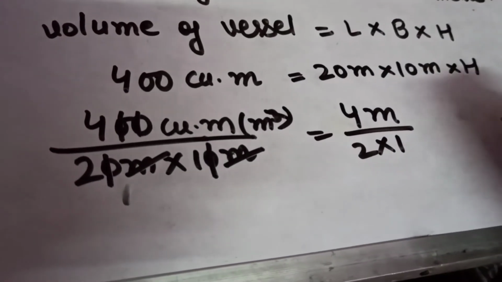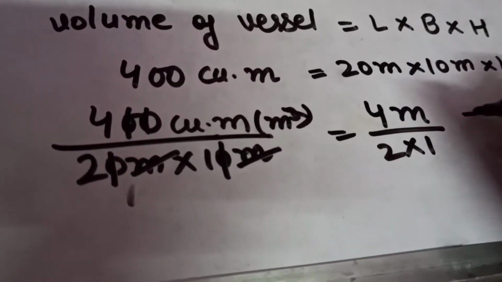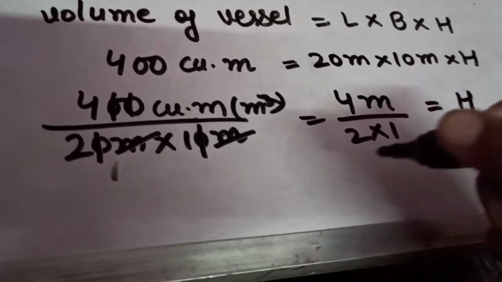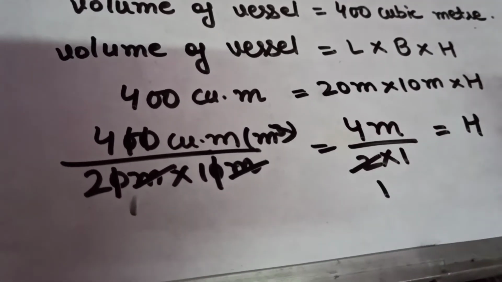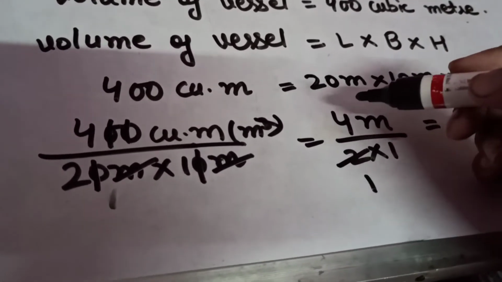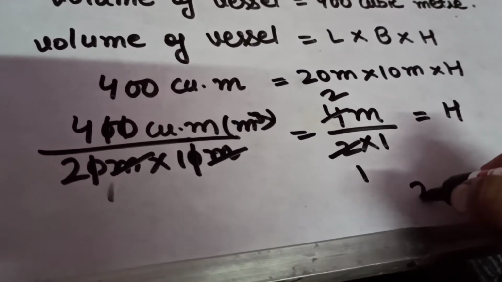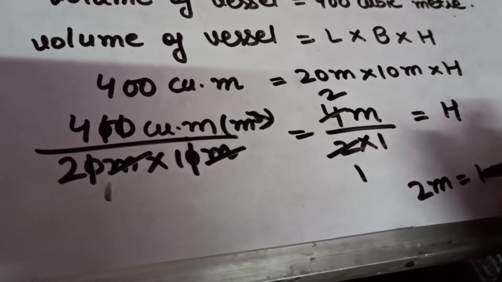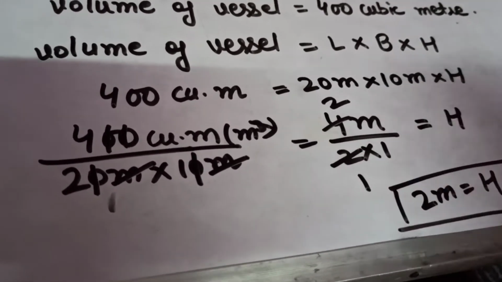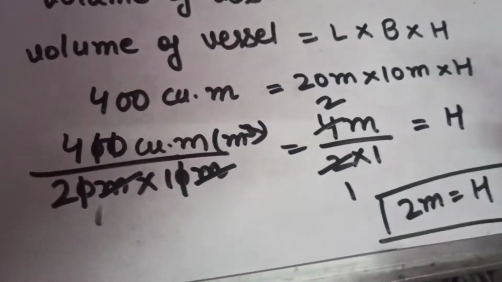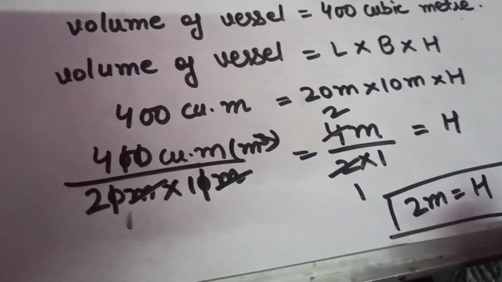So divide by 2 multiply 1 equals to the height. 2 divided by 2 is 1. 4 divided by 2 is 2. So what comes here? 2 meter equals to height. So height of the vessel is 2 meter.